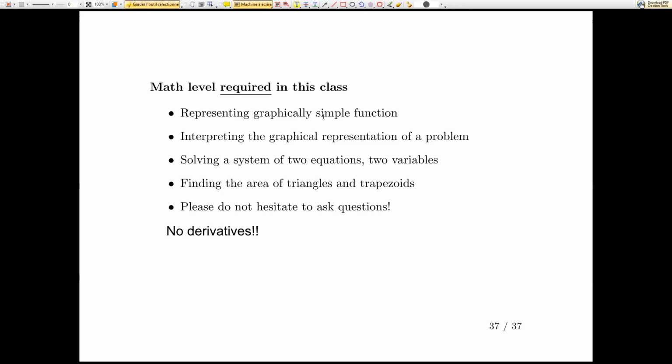So what you have to be able to do is represent graphically functions that are going to be linear, interpret the graphical representation, solve a system of two equations, two variables. This is something that many of us learned in high school, but it's okay to have forgotten if you haven't done too much. Still, you should have seen a bit of this in microeconomics in 201, although not as much as in this class. Finding the area of triangles and trapezoids.